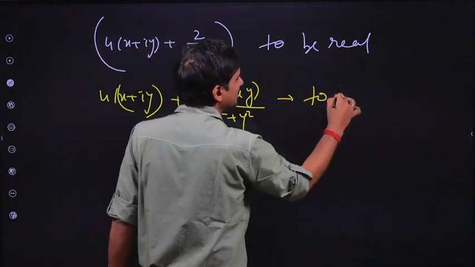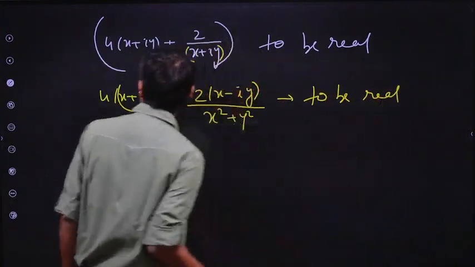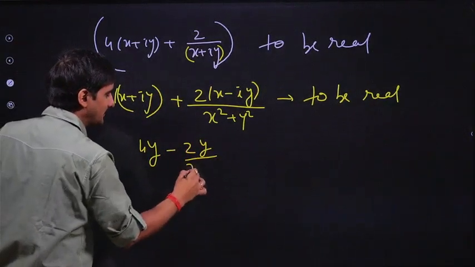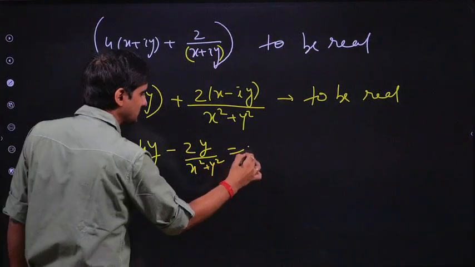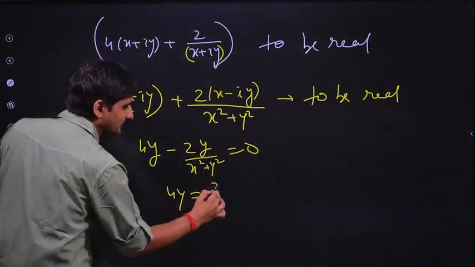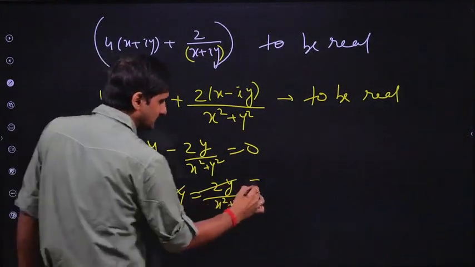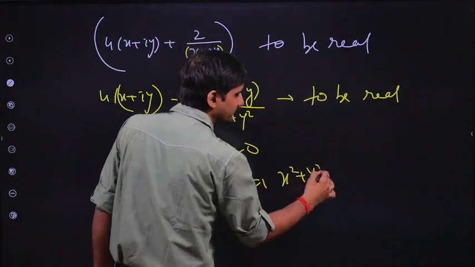Now for this to be real, its imaginary part has to be 0. So collect the imaginary part. It's 4y minus 2y upon x square plus y square, which should be 0. So 4y is equal to 2y into x square plus y square upon x square plus y square. So this is 2. So that's what we get. That's it.